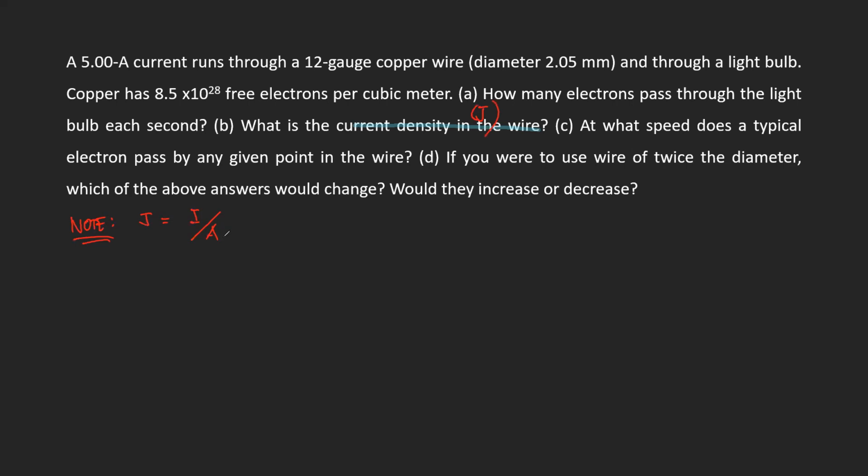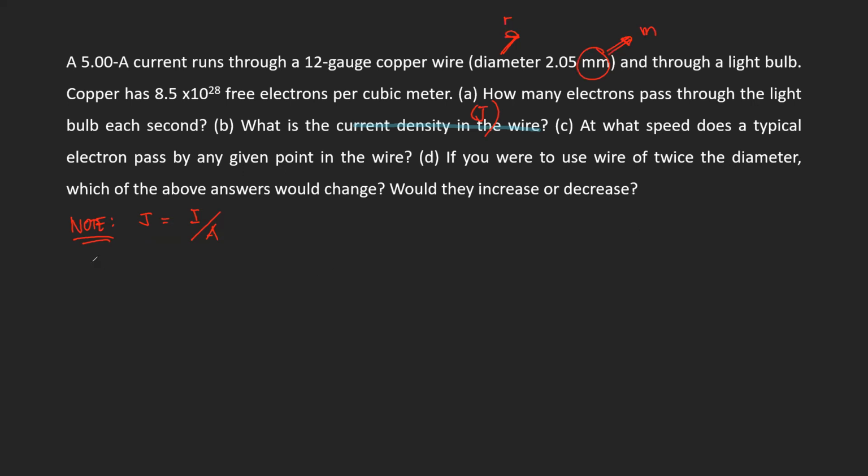Now, we've got our diameter here, and I always tell the class, if you've got diameter, you can of course convert it to meters, and then get the radius R, because the formula for your area, of course you can have diameter, but it's simplified when you have R. R is like the SI if you're dealing with R versus D. So R is equal to D over 2, which would give us 2.05 mm divided by 2.